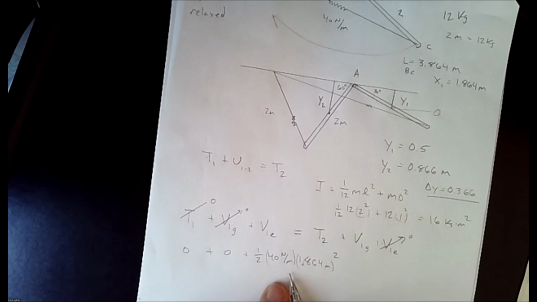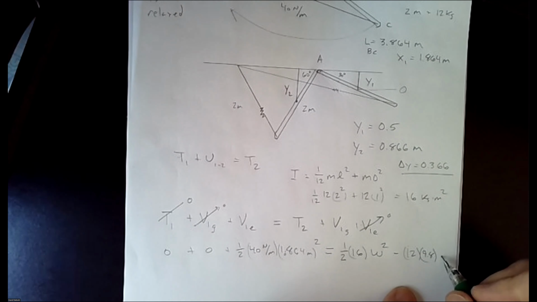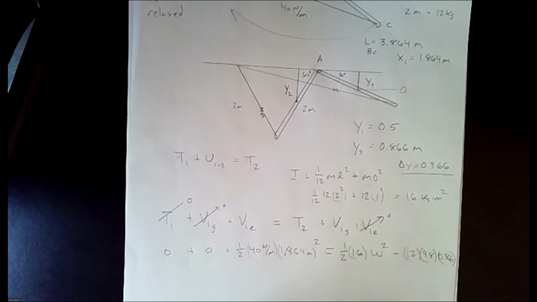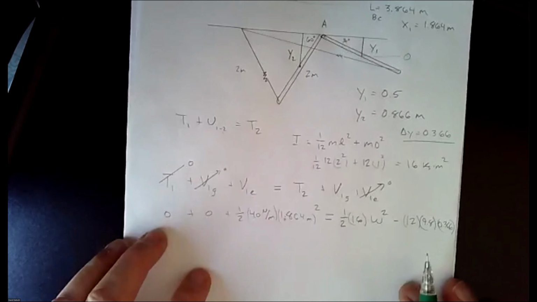So that's what my T2 is. And then the only other thing I have is my gravitational energy, which in this case is going to be minus 12 times 9.8 times the net distance, which was 0.366. Sorry, squished in there. All right. And there we have it.